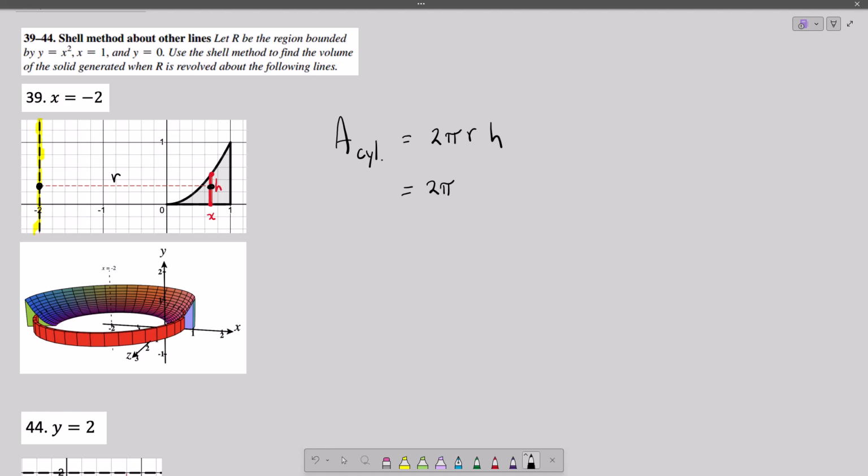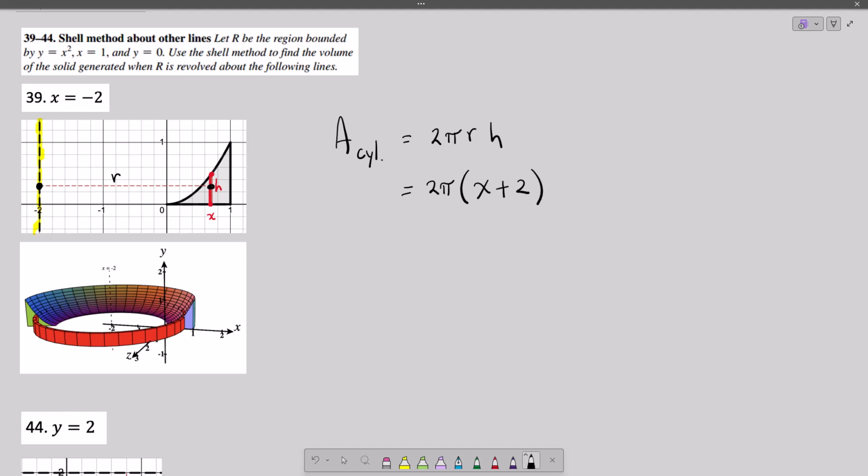X. That's what we called it. And that's moving between 0 and 1. So it's just representing any vertical element between 0 and 1. What is the left x? Negative 2. So it's x minus minus 2. So x plus 2. That is the distance.